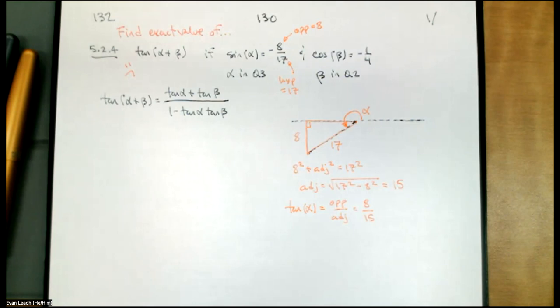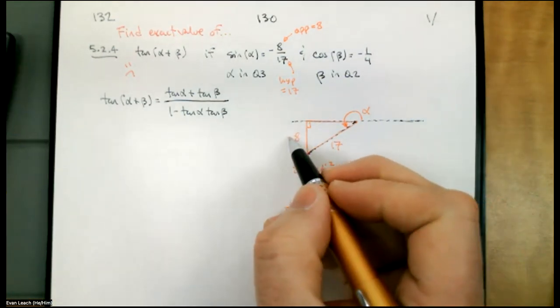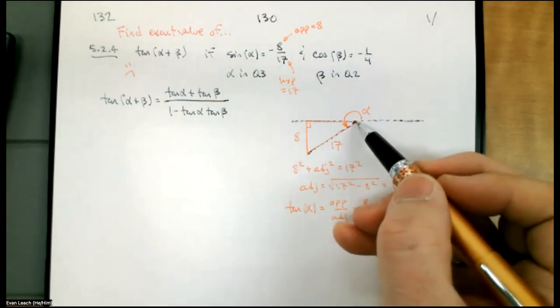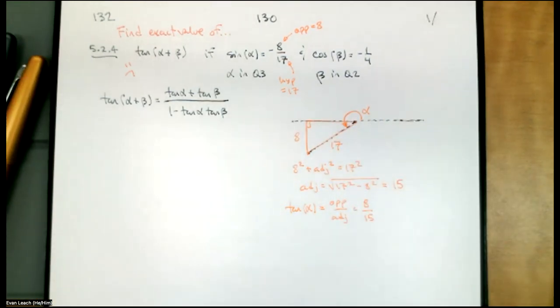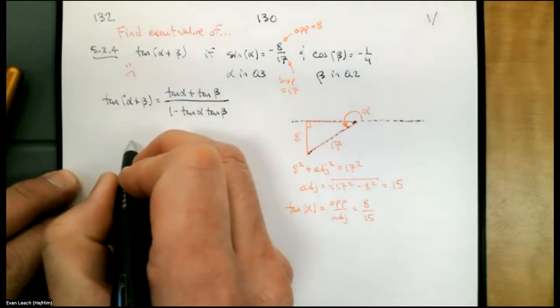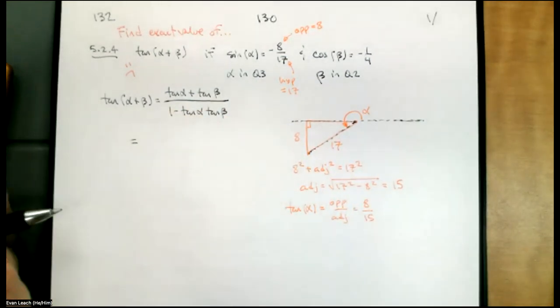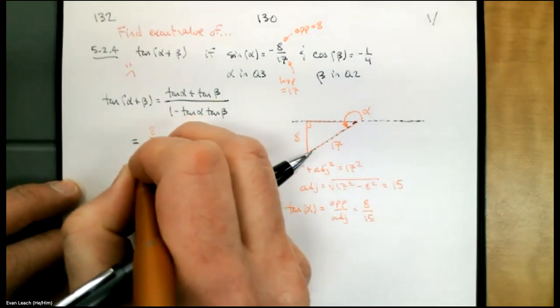Tangent is supposed to be positive. And if we're in quadrant 3, this 8 opposite was going to be negative, but then our adjacent would also be negative. So we're good. Tangent of alpha is 8 over 15. So we're going to be able to get tangent of alpha plus beta without knowing alpha and without knowing beta.